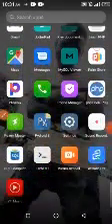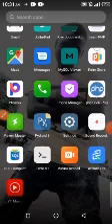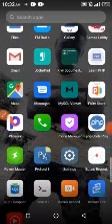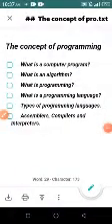So what is a computer program? A computer program is simply a set of instructions that tells the computer what to do, how to perform a specific task. Suppose we wanted to collect two numbers from a user, add them together and give out the result.